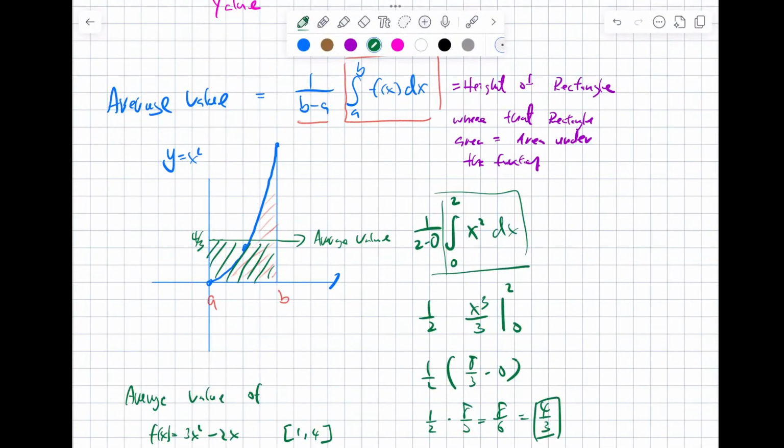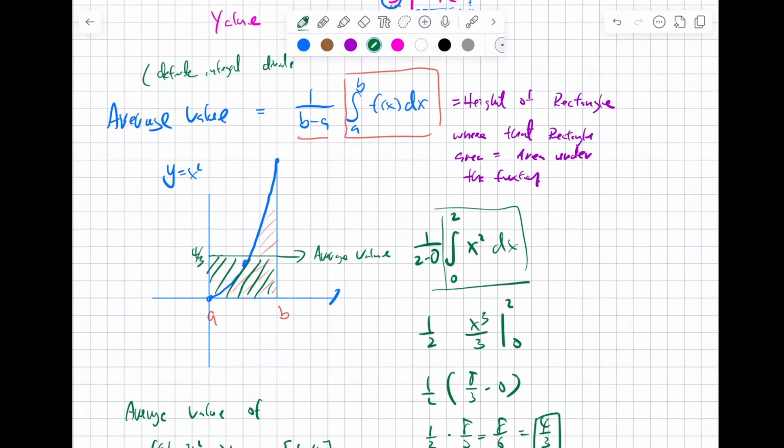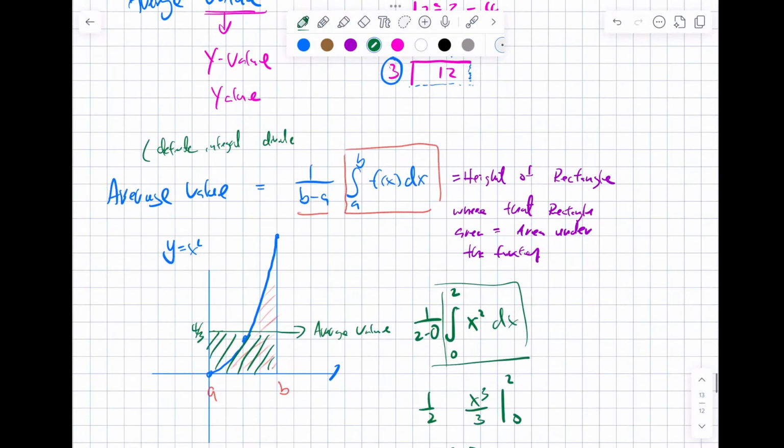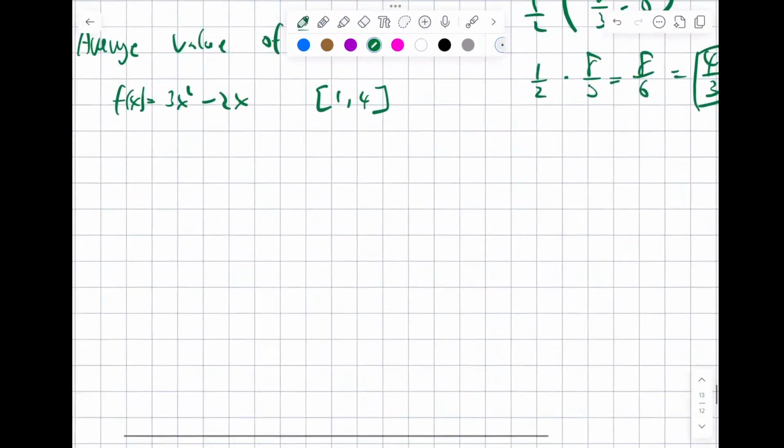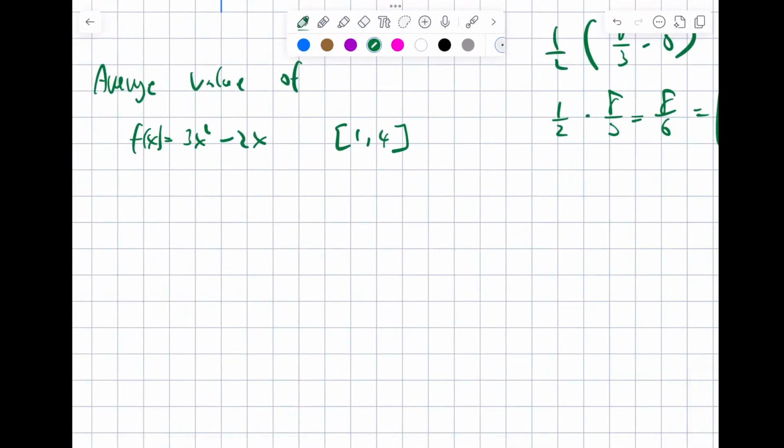Average value, the good way to think about it is the definite integral divided by the interval, because 1 over b minus a is dividing. So on your AP exam, if they ask you for the average value, just take the integral divided by the interval. That's it. It's that easy.